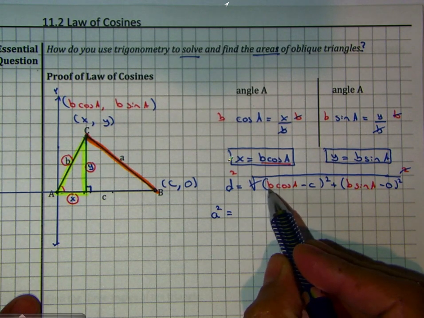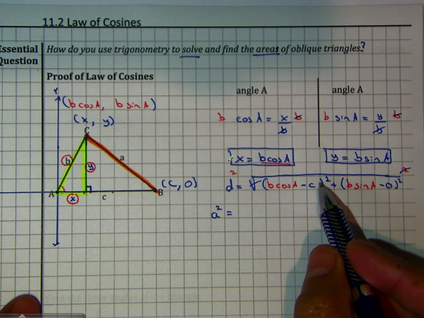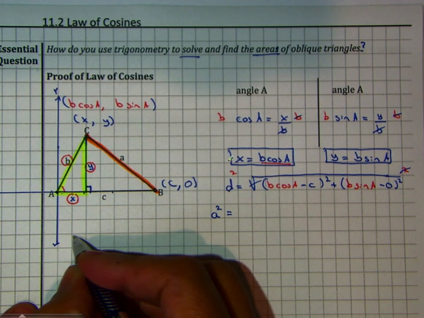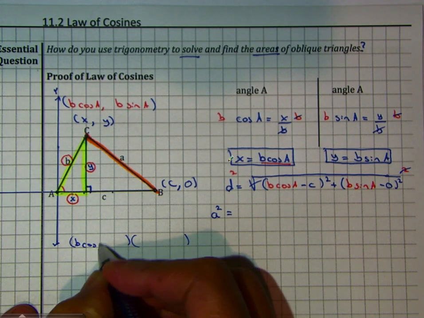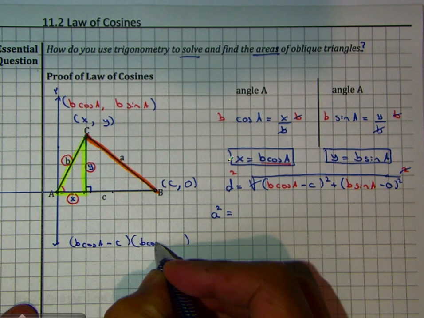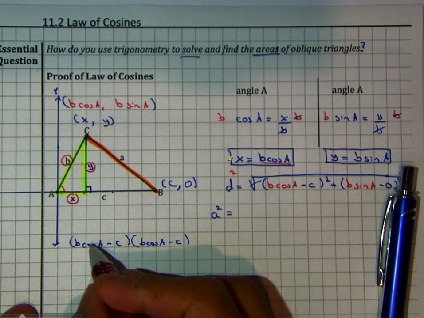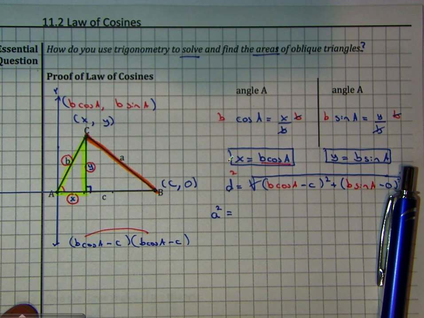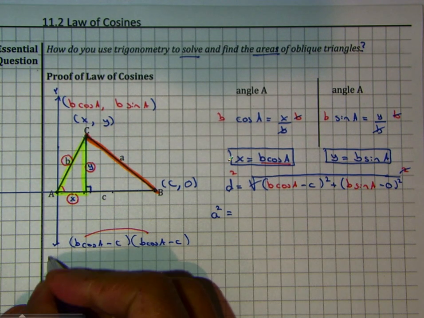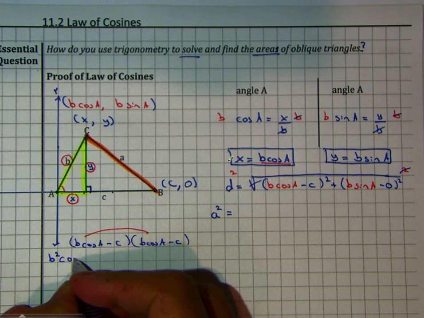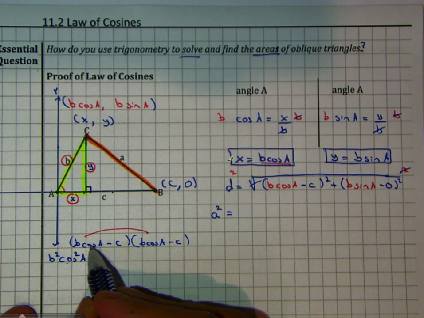When I multiply b cosine of A minus c squared, what will I get? Now I can multiply it out: b cosine of A minus c, b cosine of A minus c. I end up with b squared cosine squared of A, since multiplying the b times the b, cosine times the cosine.